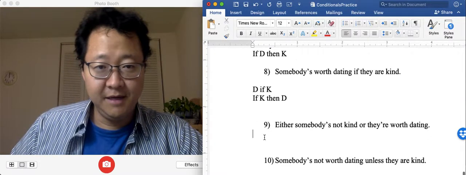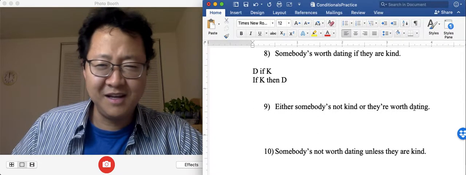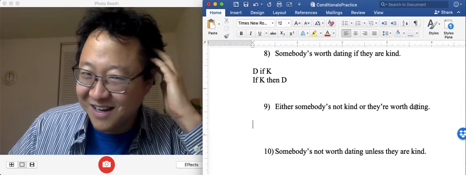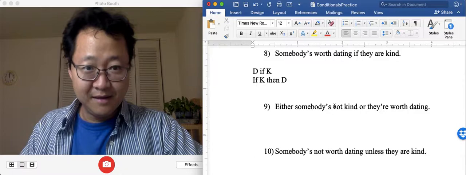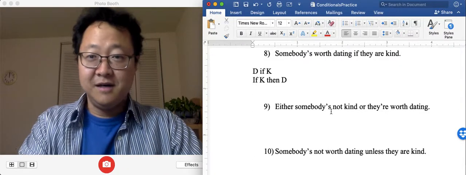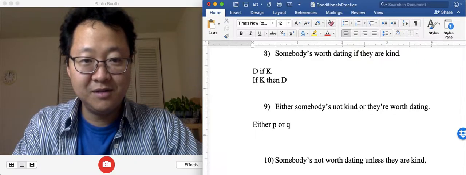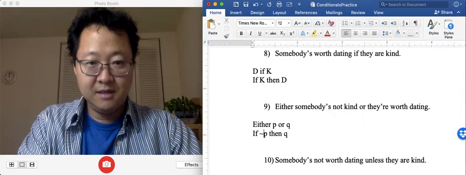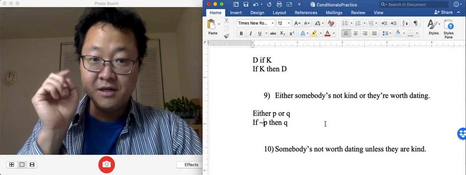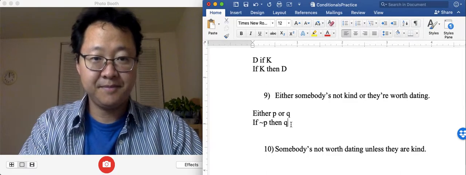Okay, next. Either somebody's not kind or they're worth dating. What's that saying? Well, this is something you should just know. Either P or Q turns into if not P, then Q. Okay. So for disjunction, you negate the left disjunct, keep the right side the same.